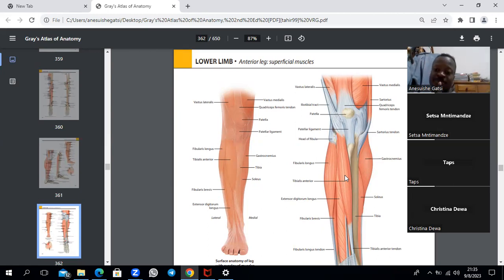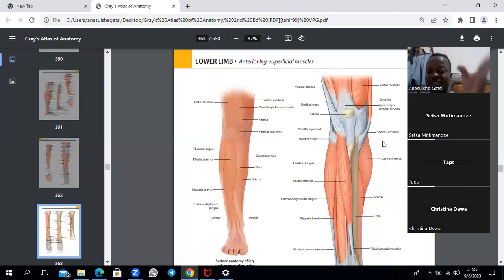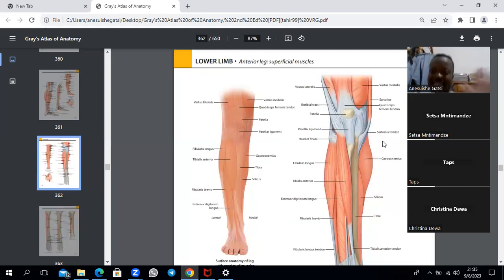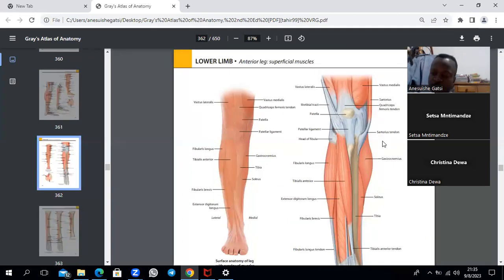Okay. Yeah. So that's what's written. Right. So forget that this page is written anterior leg superficial muscles. That's another way I would have loved to teach, but forget about that. We can say superficial, we can go to the deep, whatever, but no, let's forget it. Let's just say anterior leg. So already I've told you that muscles in the anterior leg, they are dorsiflexors.